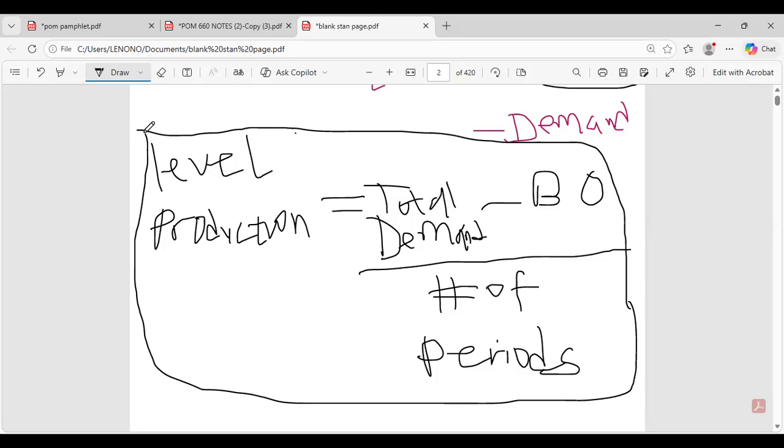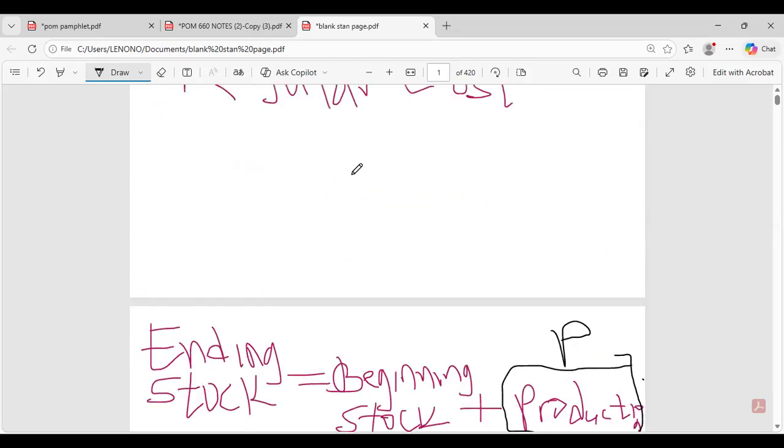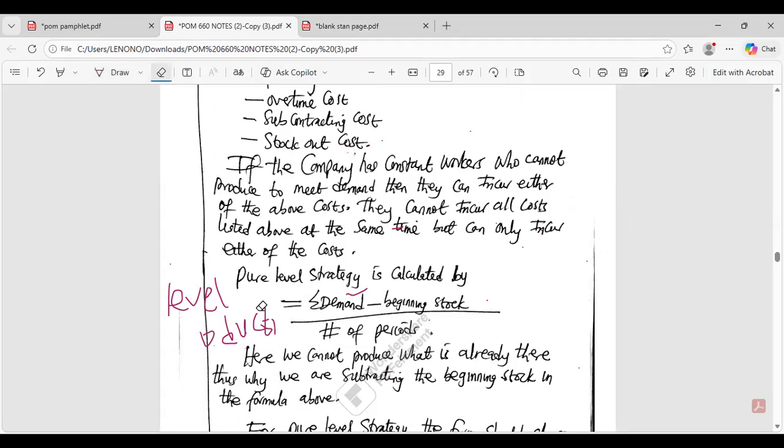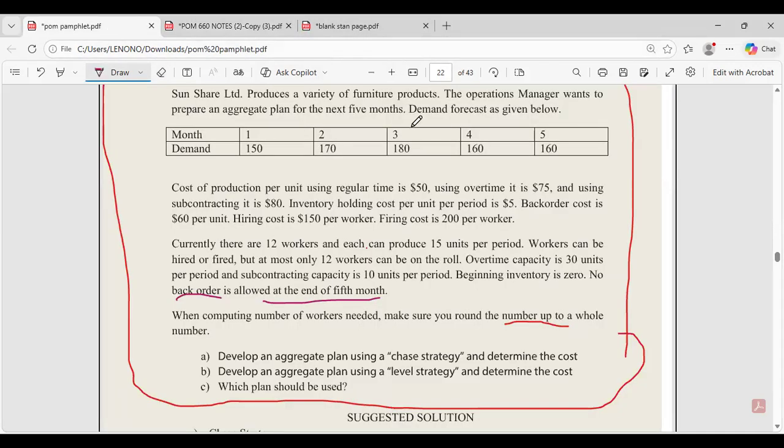So this is why labor production becomes this way: summation of demand minus beginning stock over number of periods. Since you have read this question, we can start solving now.